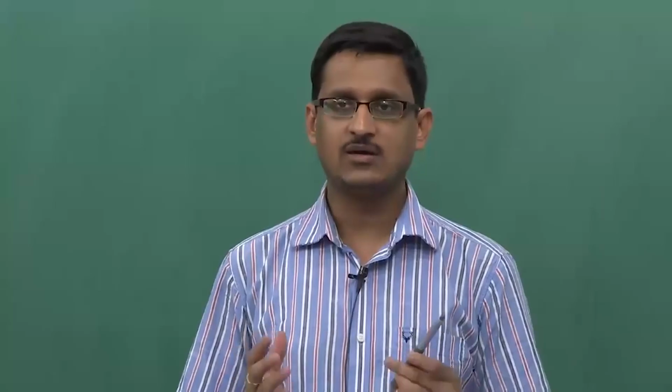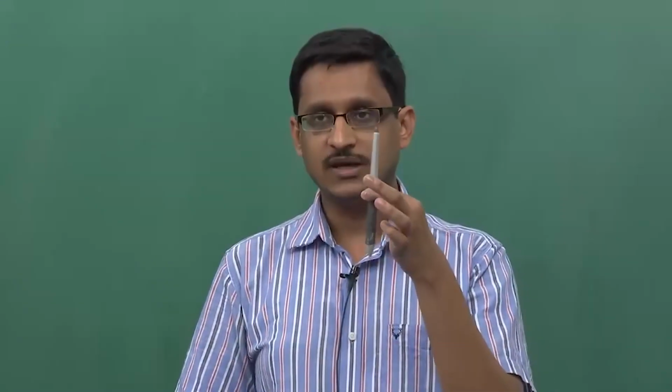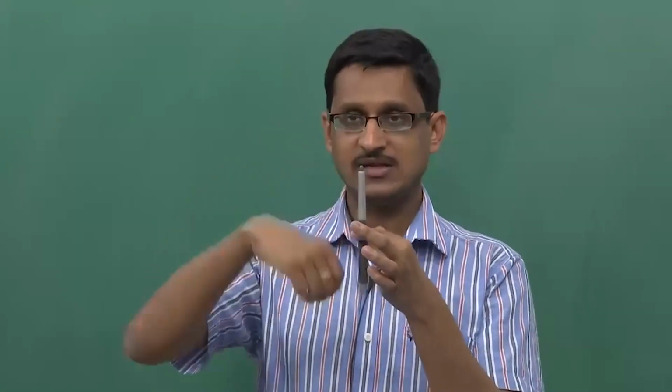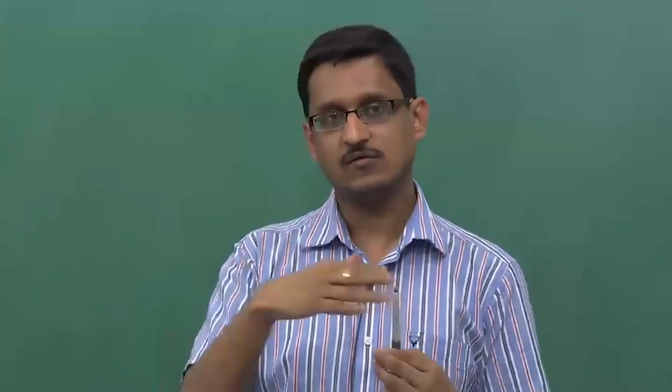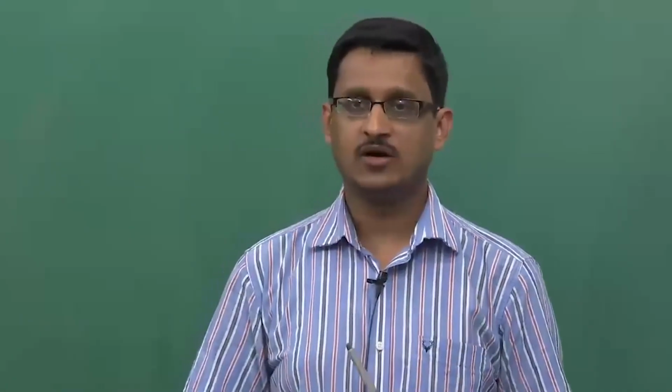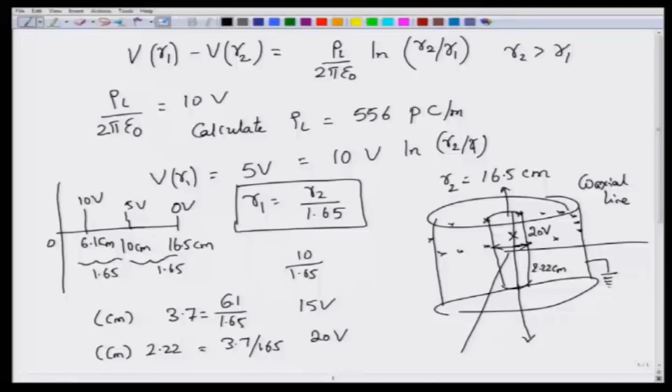Okay. For a practical coaxial cable, one can, to the first approximation, replace the inner conductor by a line of uniform line charge density, and the surface will essentially be the grounded or the zero reference potential. Okay.